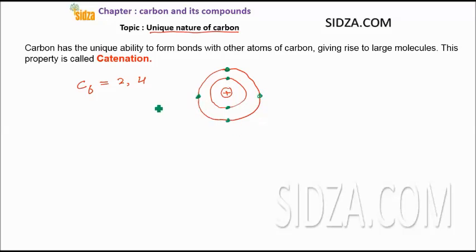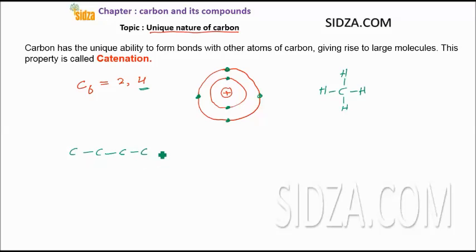We have discussed in the last video that carbon has a valency of 4 and it forms 4 covalent bonds around it to complete its octet. Now carbon has one more unique feature: different carbon atoms can link together and form long chain molecules.